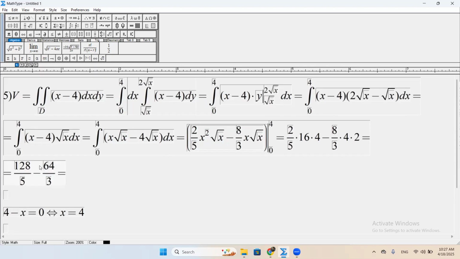So yeah, let's find the common denominator. 384 minus 320, and it will be equal 64 over 15.